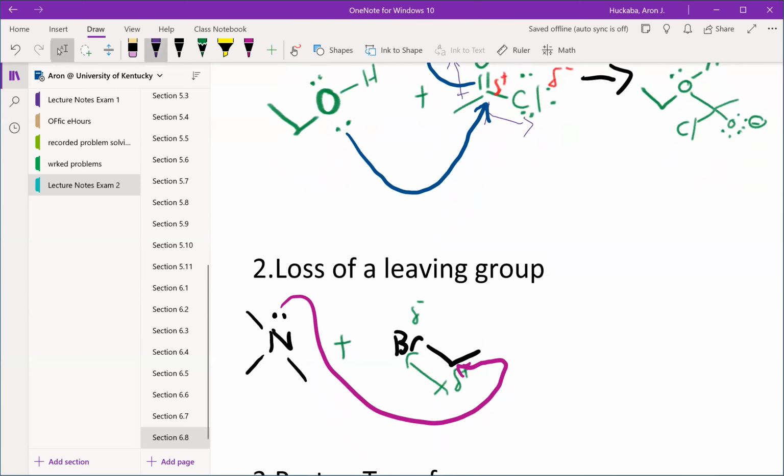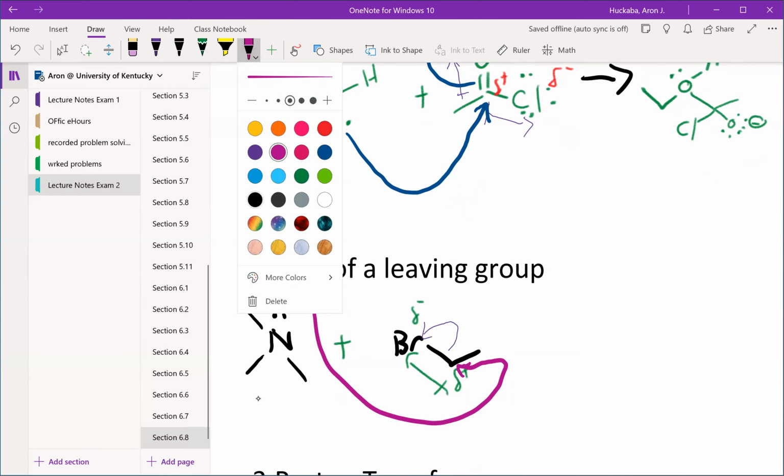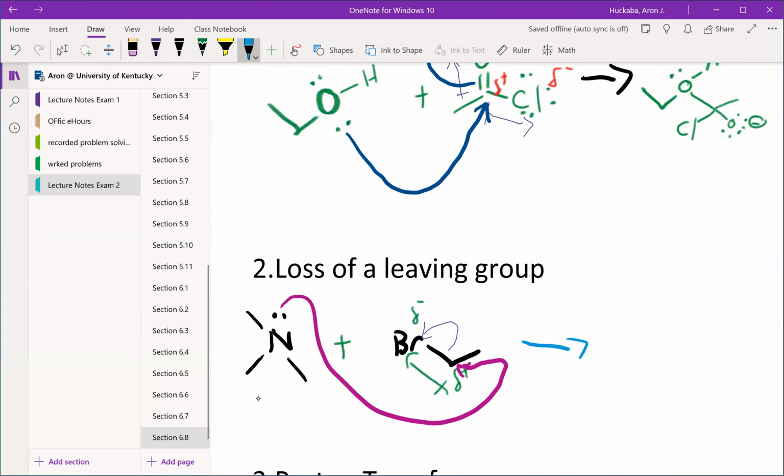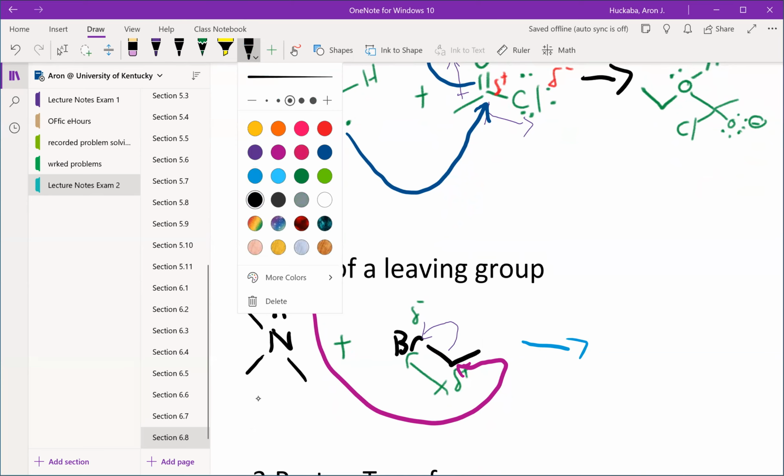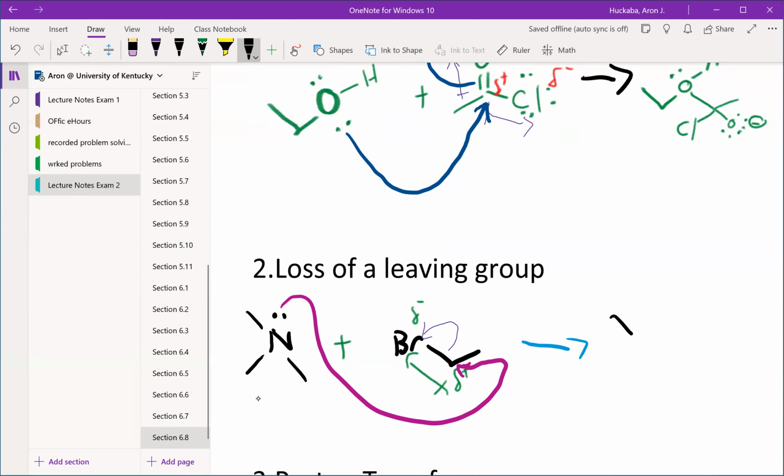So the loss of a leaving group occurs by the bromine taking its electrons and leaving, to give us this product. There's also the bromide ion that's still around because it left from the molecule.